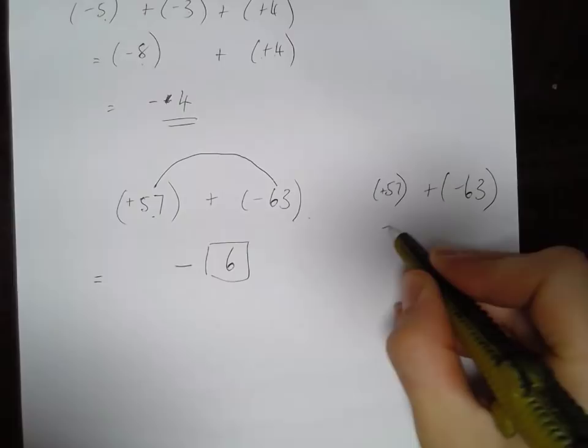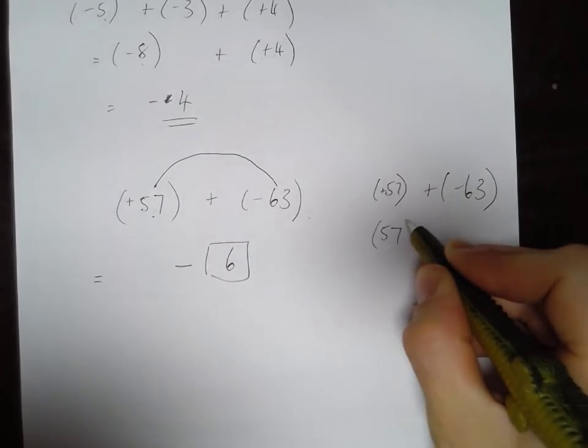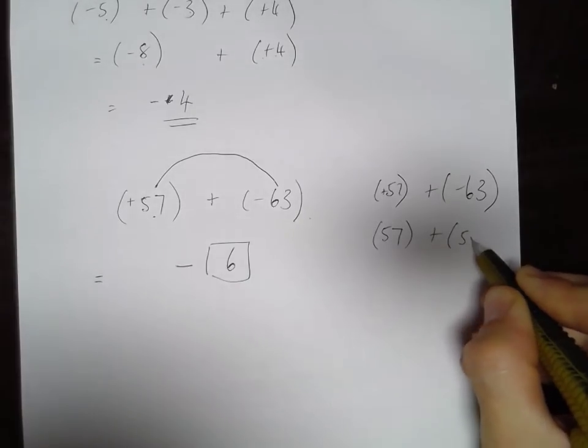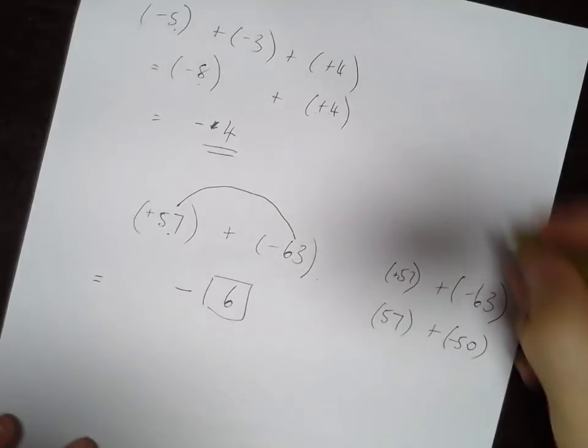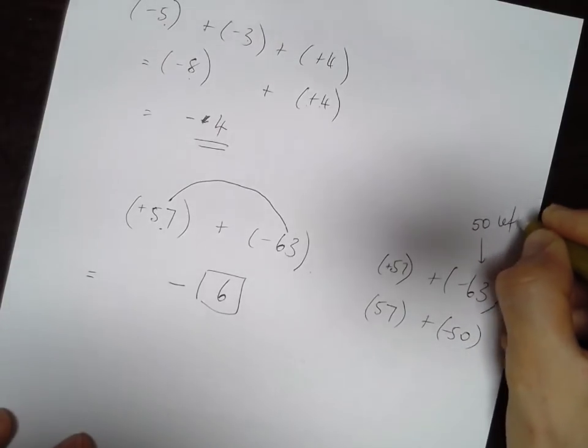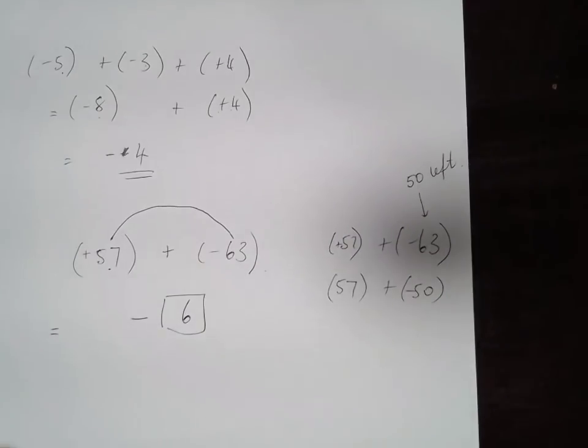If you go 57, it's probably better to count back 50 first. So from this we're going to go 50 places to the left, which would get me the right answer doing the count back. I did 60 and made a mistake.